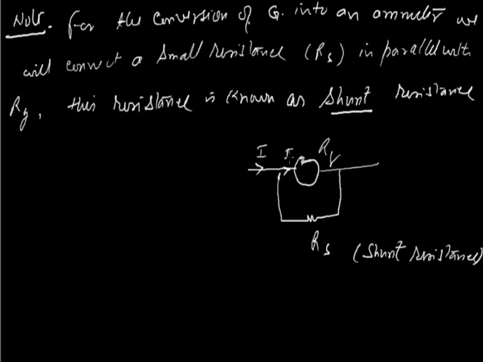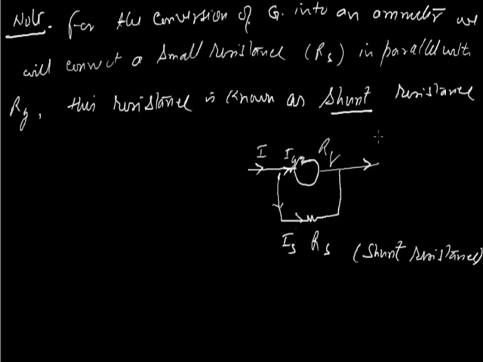Some part flows through this coil, Ig, and the rest will flow through Rs. The value of Rs is very less in comparison to Rg, so most of the current will flow through Rs. So it is known as shunt. Most of the current will bypass through Rs.